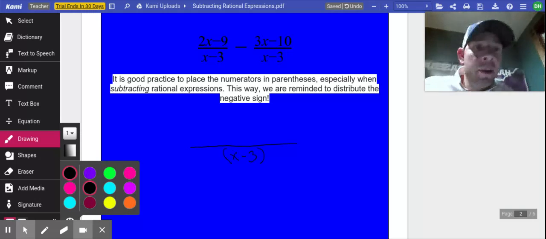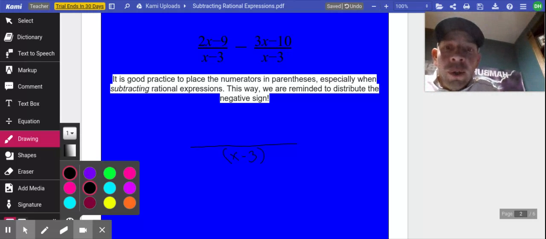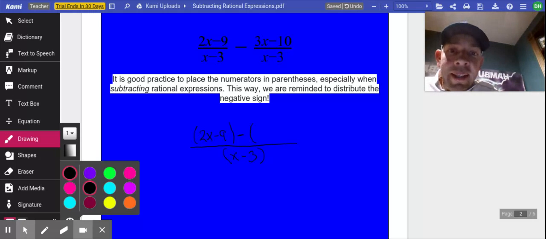And I am determined to make this handwriting a little bit more legible than yesterday. So we've got the first numerator, and I think the parentheses are optional right there. And then we've got the second numerator, and here those parentheses are absolutely mandatory, right? Because we're going to get this minus sign distributed next.